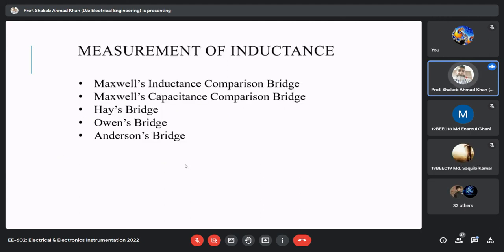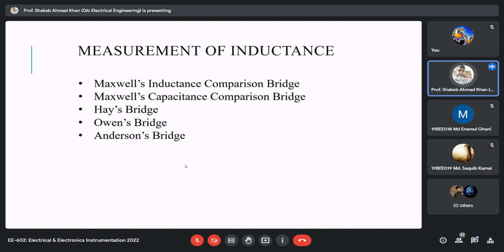Now I'm coming to different types of bridges. I try to divide this chapter into measurement of inductance, measurement of capacitance, and measurement of frequency. Although their application is the same, measurement of inductance, many bridges people have proposed, and all these bridges have their own pros and cons.